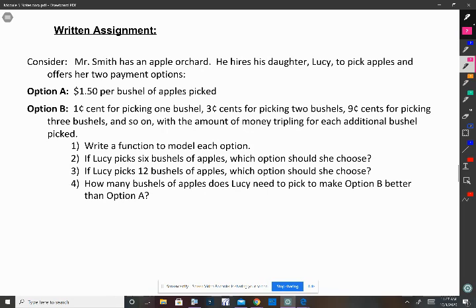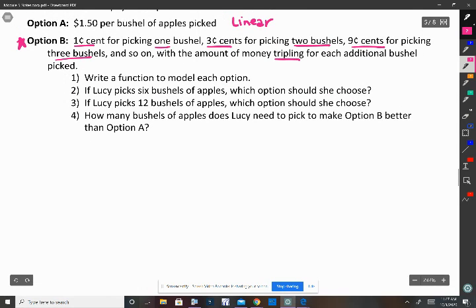It talks about how he's either offering $1.50 per bushel picked, and so this is linear, or is saying he is going to pay 1 cent the first bushel, 3 cents for 2 bushels, 9 cents for 3 bushels, and so on, tripling for each additional bushel picked. And this one is a little bit harder as you set up. So you can come and ask me, but I just want to talk about that for just a minute.